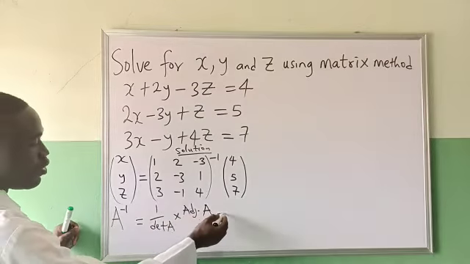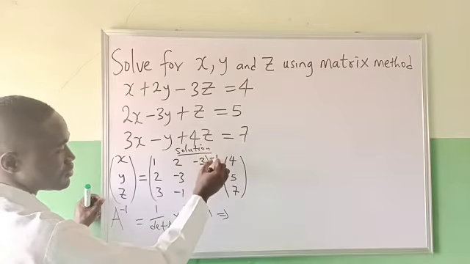It means that I am to get, first of all, the determinant of this matrix for which we are looking for the inverse. Remember, this power minus 1 means inverse.